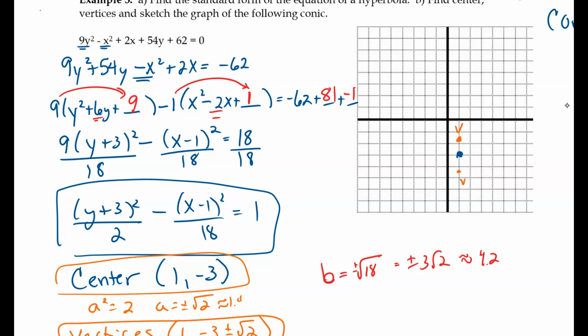About 4, go over 1, 2, 3, 4-ish, a little bit past. And this is where it's harder, you kind of have to eyeball your box a little bit more. Make sure you make a box between it. Then you draw in your asymptotes. Yeah, this is going to be like crazy wide.